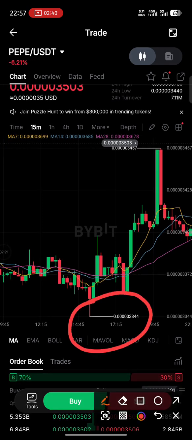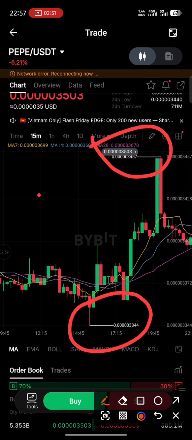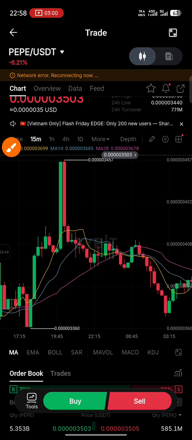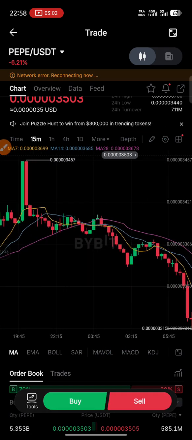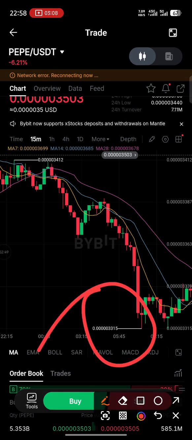Now let's say we have this 0.503334 and it took a high movement to 0.503457. Okay, so if you see something of this nature and you watch it carefully, let's go forward, and you realize that it later drops down again to this particular place, which is 0.503315.